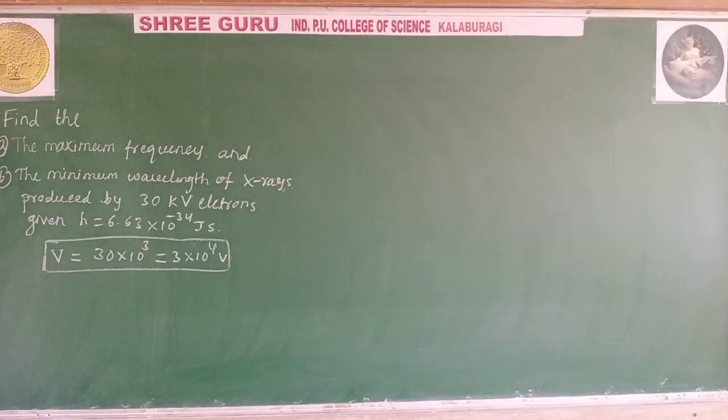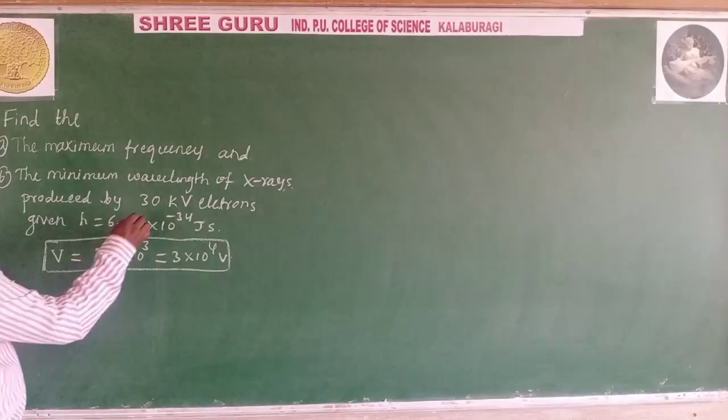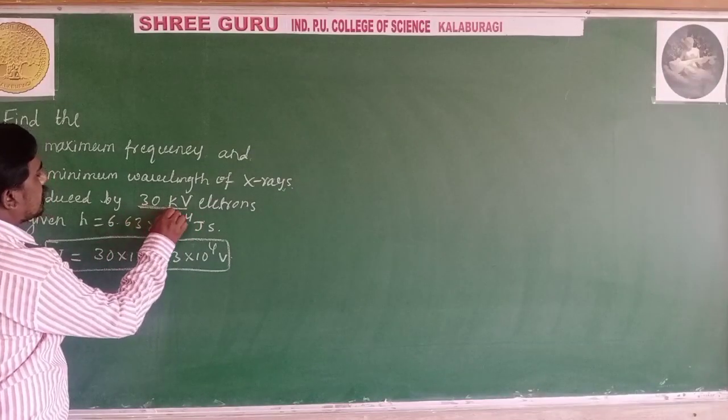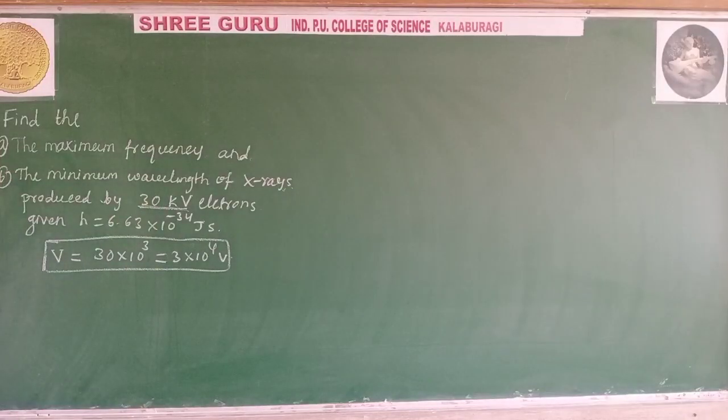The electrons are produced by this much photon energy. We should find the maximum frequency and minimum wavelength of those X-rays produced by this much voltage.